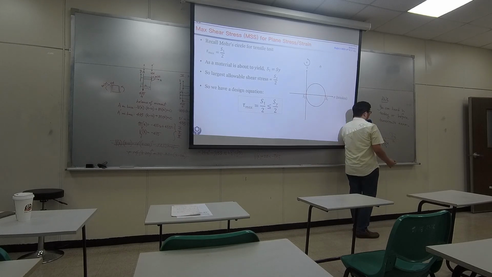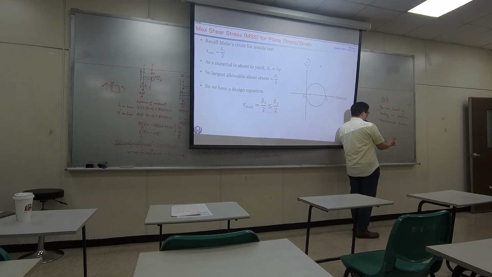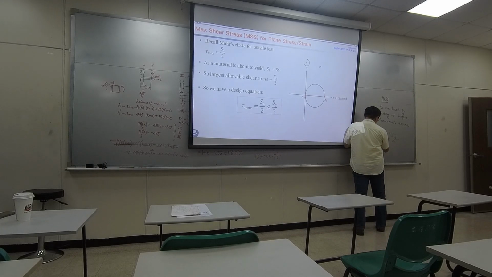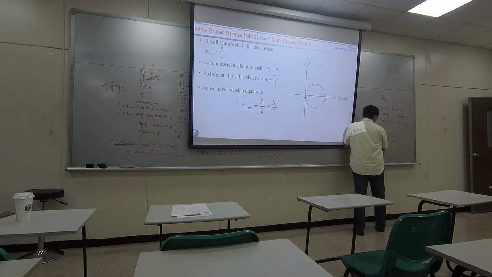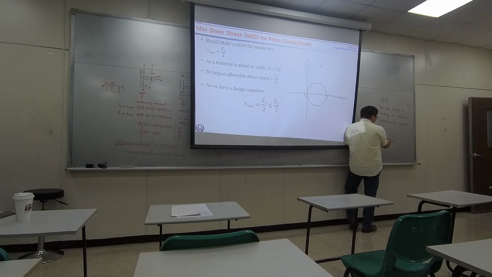So if you don't want this workpiece to yield, you want your design to be stronger. So you want to actually see a smaller sign here. That means you are still within a certain limit, right? So a design equation usually looks like this, because you can either reach the limit where it's about to yield, or you're smaller. The load is smaller. Okay?